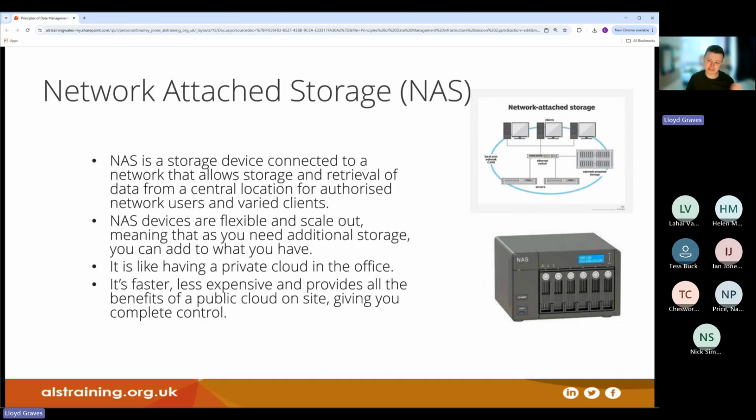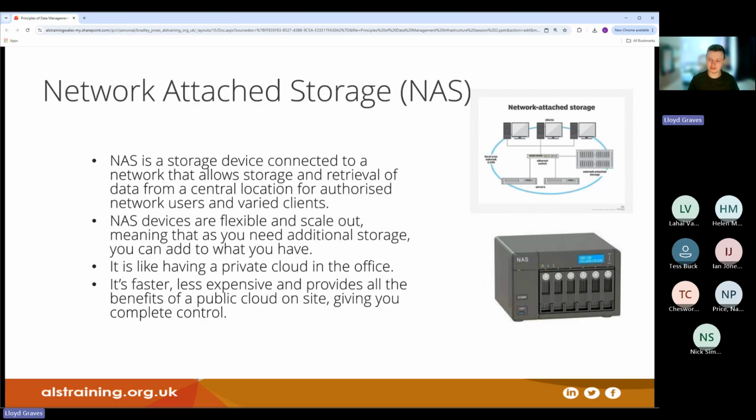The reason is because when I save it, it's being saved in this network attached storage. I might save it on this computer here, it saves to the network attached storage, and then when I log into a computer on the other side of the office, it pulls it from that network attached storage device.